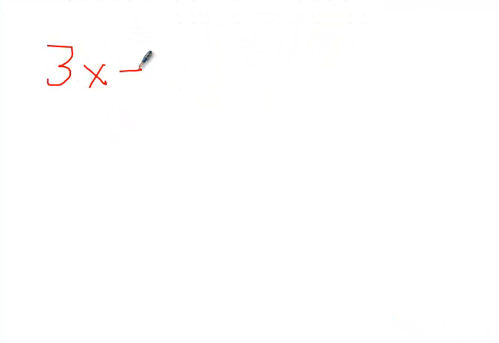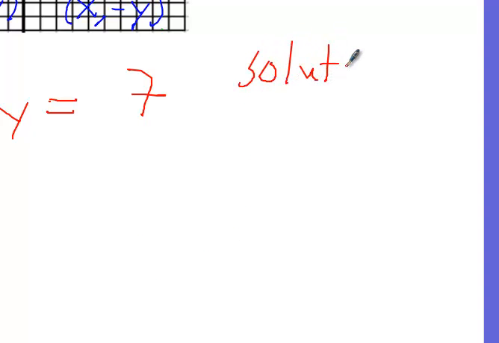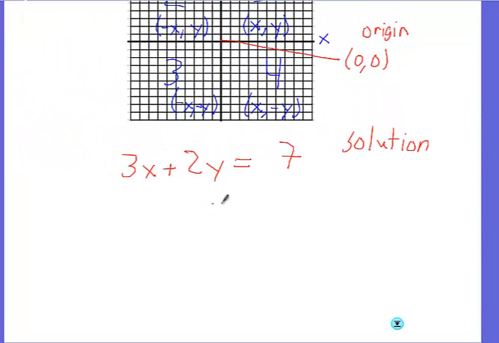So let's start off with an equation. Let's say we have 3x + 2y = 7. Now what we want to do is find a solution to this. By solution, I mean we want an x and a y value that satisfies this equation.